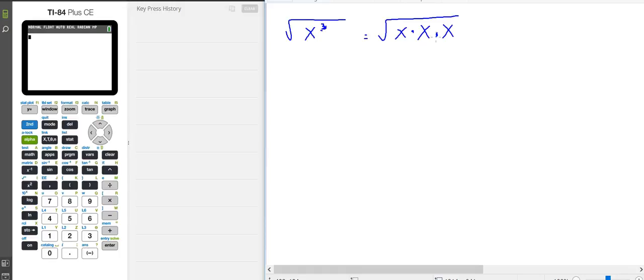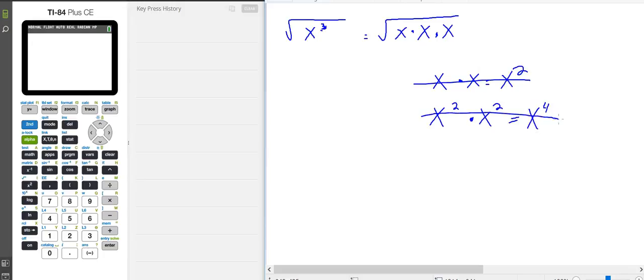So let's say we decided that the answer might be x. Is x times x equal to x to the third? No, x times x is x squared, so this is not the answer. Maybe we'll decide that it's x squared. Is x squared times x squared equal to x to the third? It's not. X squared times x squared is x to the fourth. So this is not the answer either.